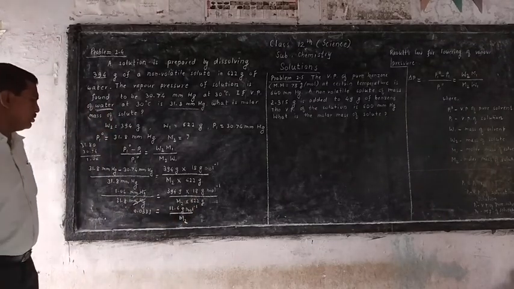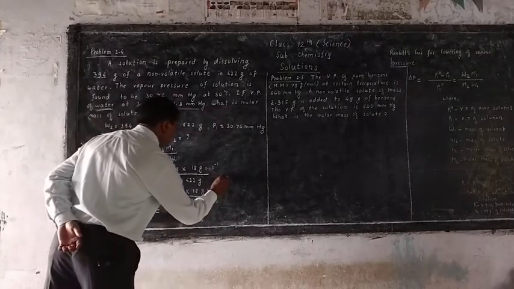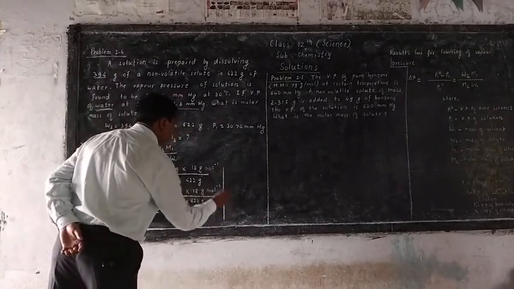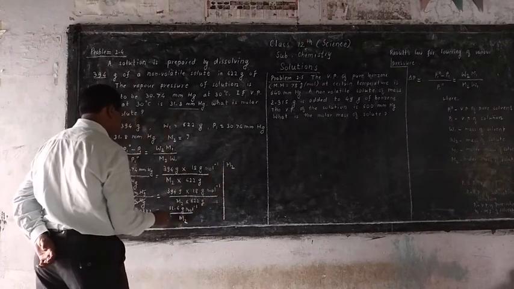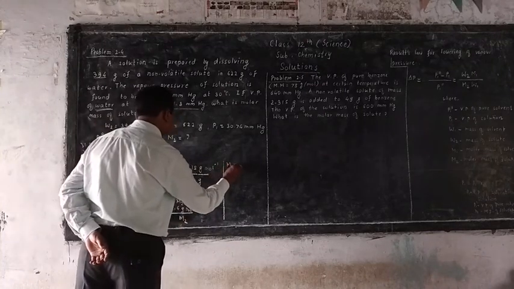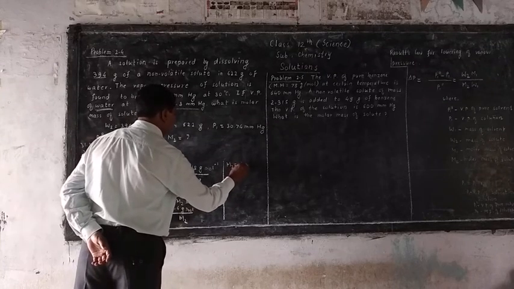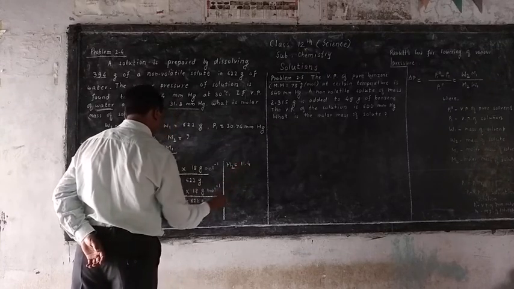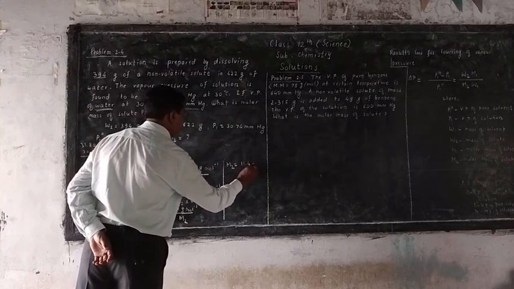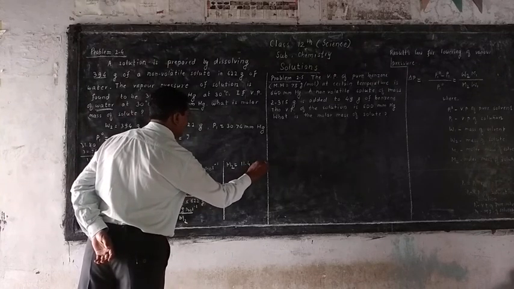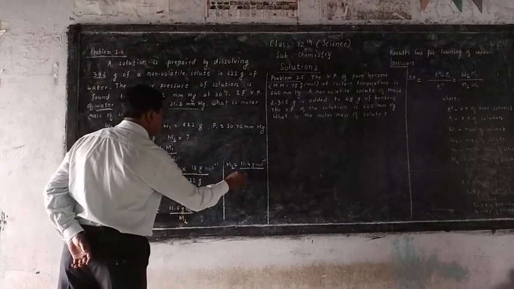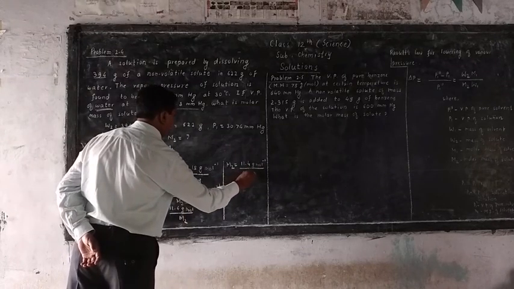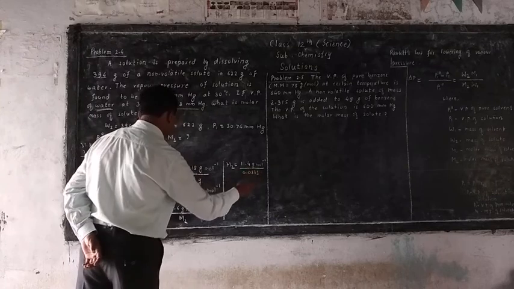Therefore M2 is equal to 11.4 gram per mole upon 0.0333.